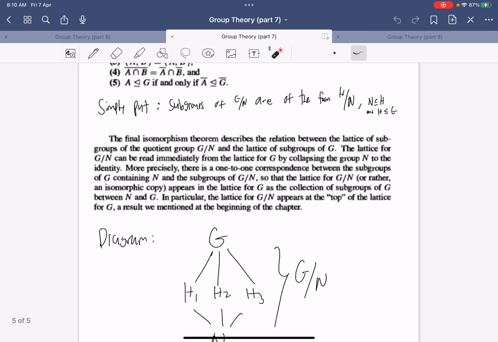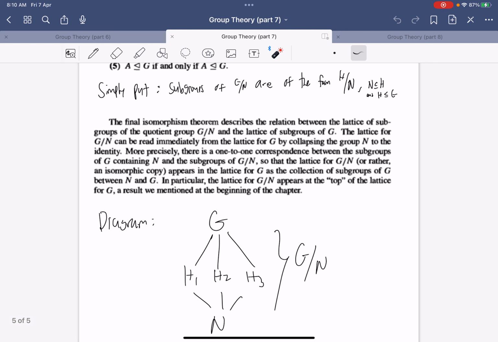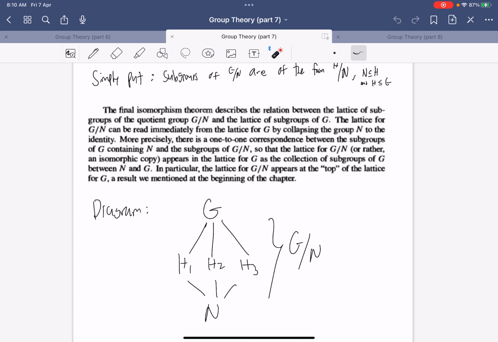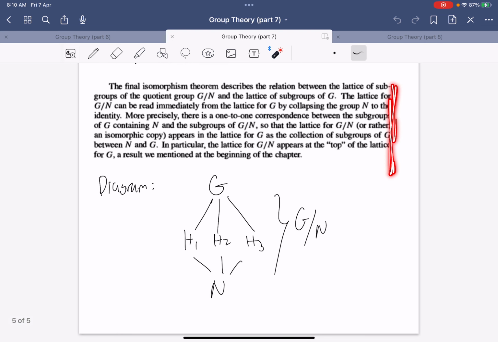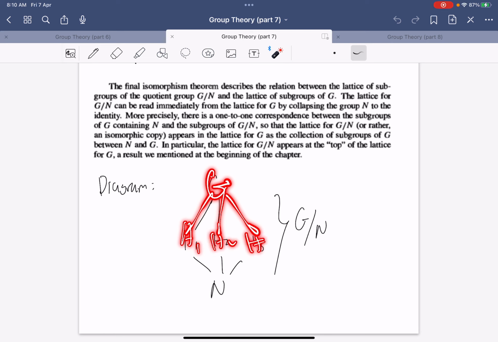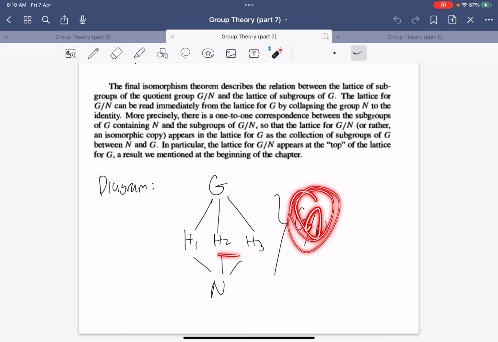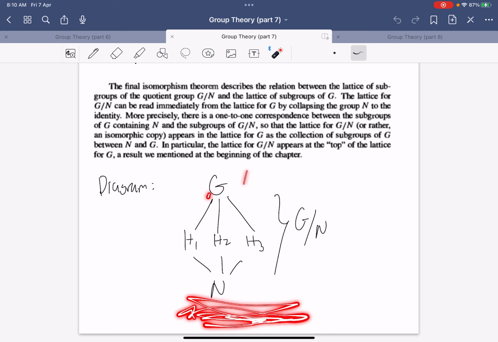And really, the lattice of G quotient N can be read off immediately from the lattice for G by collapsing all the groups N to become the identity. So what we want to say from this paragraph in Dummit and Foote is, if we take a group G and we have some subgroups here, H1, H2, H3, and all of them contain N, then when we take the quotient G quotient N, all the subgroups must be the ones that contain N. So you cannot have a subgroup below N in the quotient group.